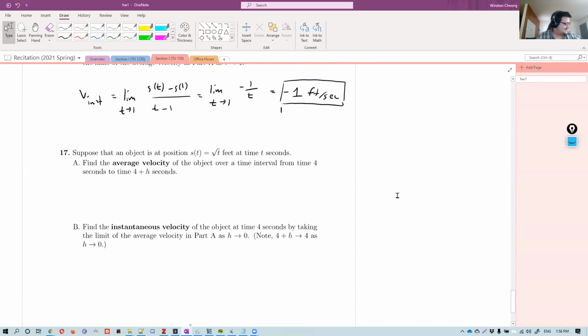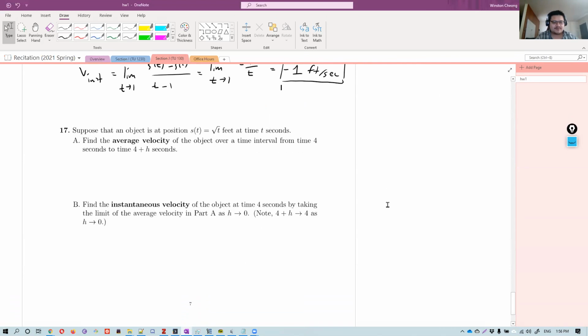Now, I think we're going quite early then. So the last problem here is we have the square root. And this is going to show you the last, I guess, algebraic technique that you guys learned. Here the time is a little bit different.